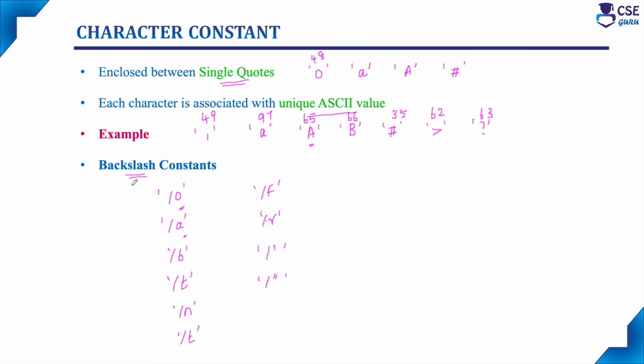So these are all examples of backslash constants, and these backslash constants are nothing but character constants. The single character enclosed within single quotes is the character constant, and each character constant is associated with a unique ASCII value.